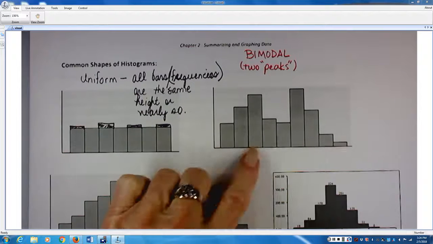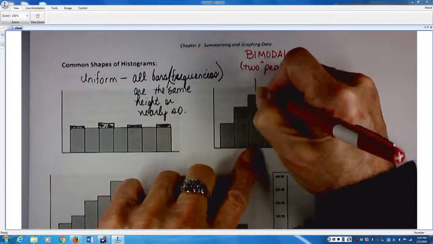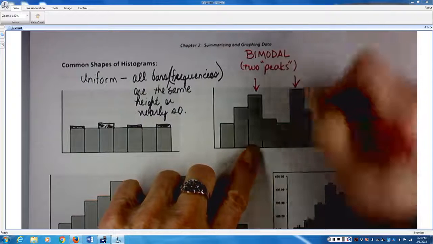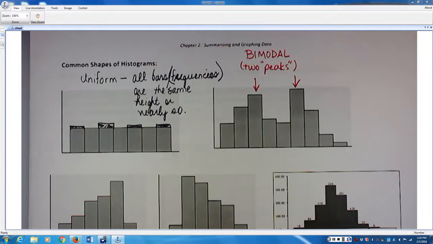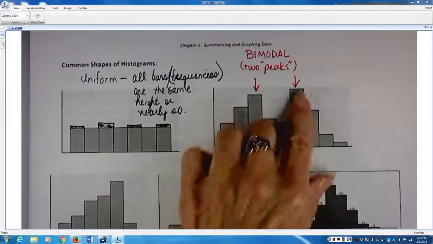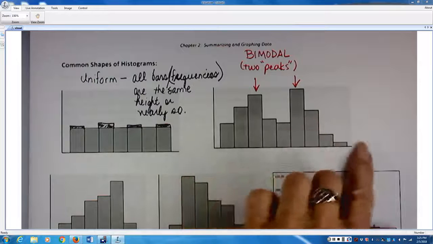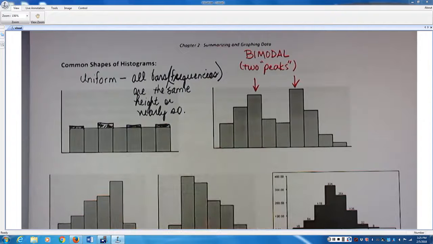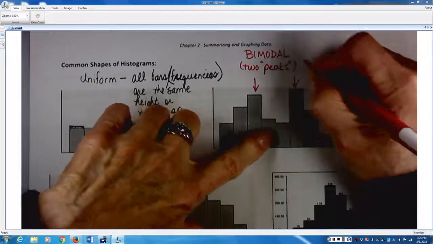It has two bars that, compared to the bars closest to it, are taller than the ones closest to it. So this bar is taller than either one of the ones on the other side. And this bar is taller than either one of the bars on each other side. So it has two distinct peaks. And those two peaks tell you where the most frequent values are.